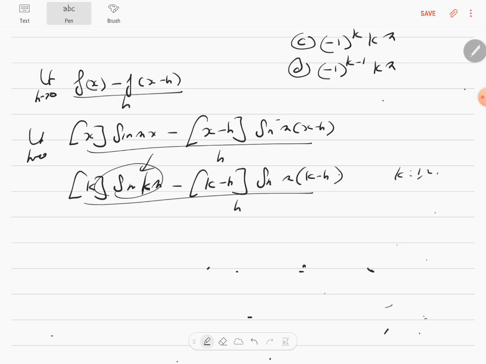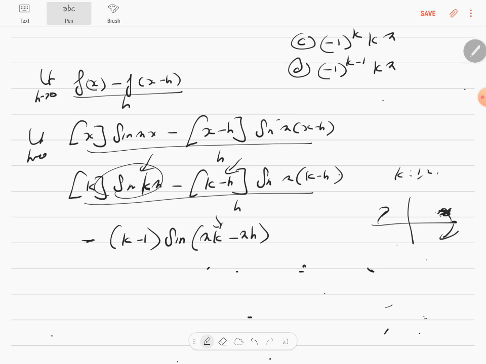So you're left with a minus of the greatest integer function of k minus h. If you're approaching k from the left, it will be k minus 1, into sine, let's take this inside, pi k minus pi h. And k being 1, 2, 3, 4, whatever, you know that it will be pi minus or 2 pi minus.